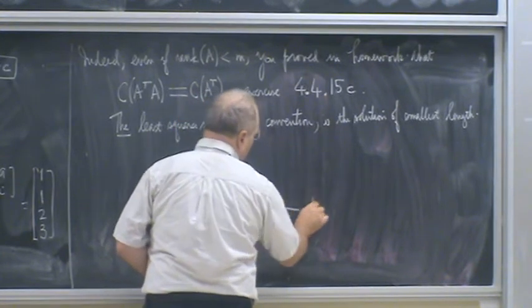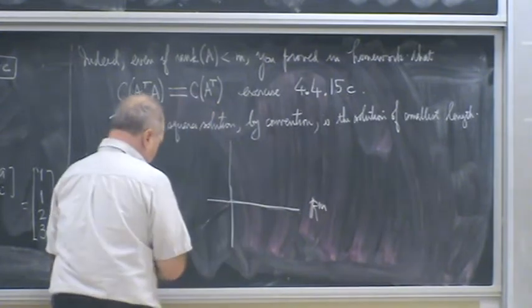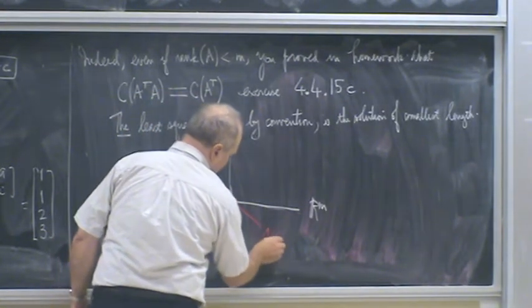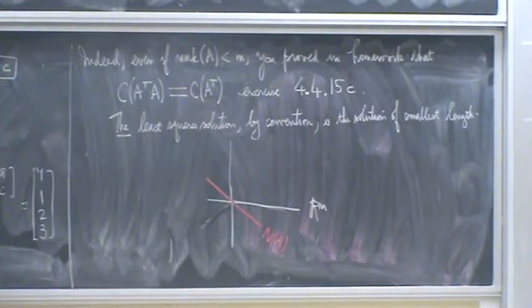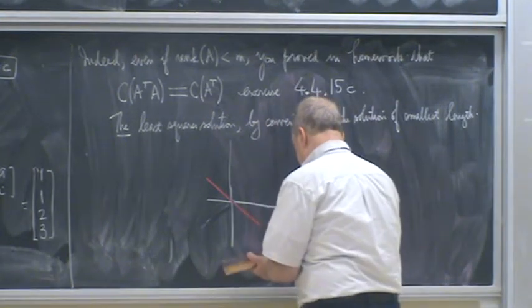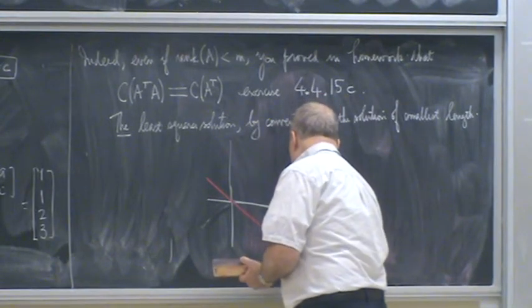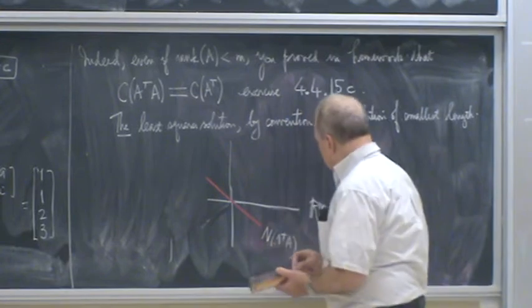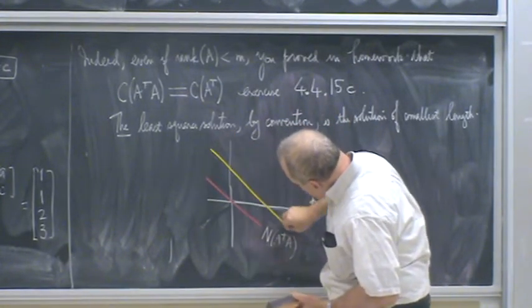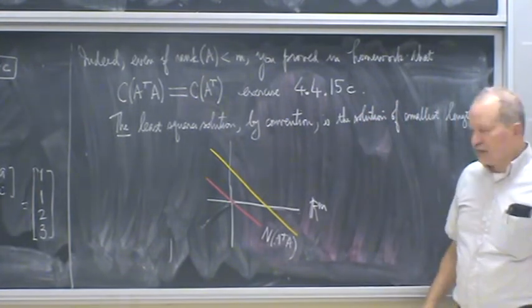In Rm, you have the null space of A transpose A. Then the set of solutions to a particular inhomogeneous equation is parallel to that.